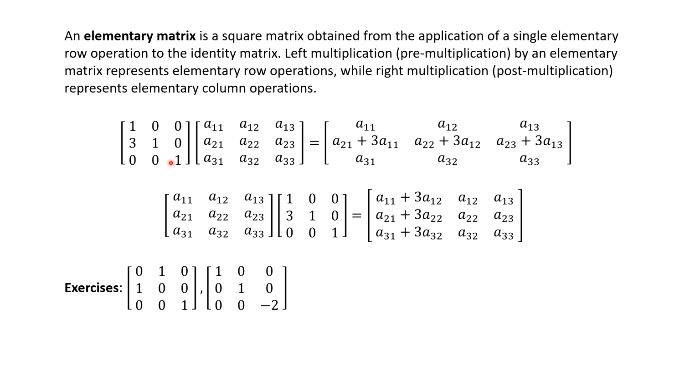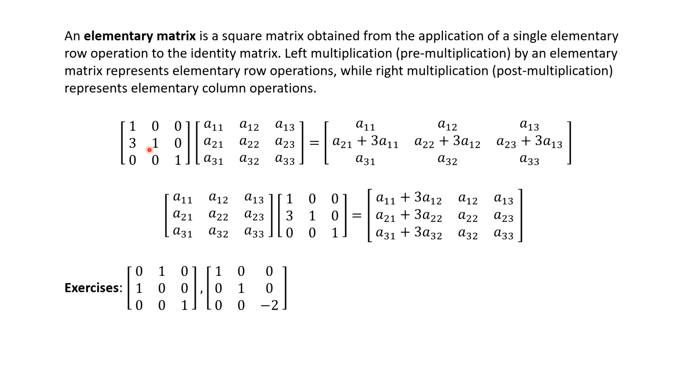And then when we multiply this row times each column, we just get the same row again. So the only change has been taking 3 times this row and adding it to this row, which is exactly what we did to create the elementary matrix in the first place.